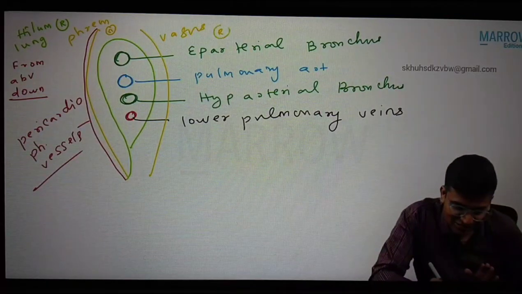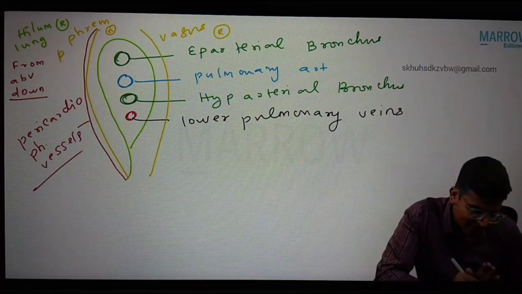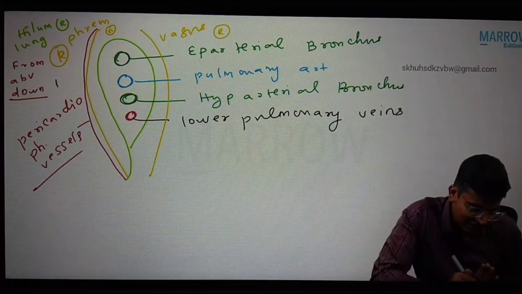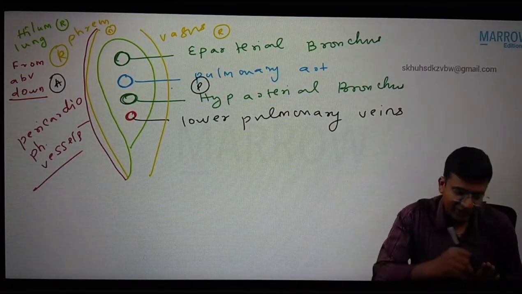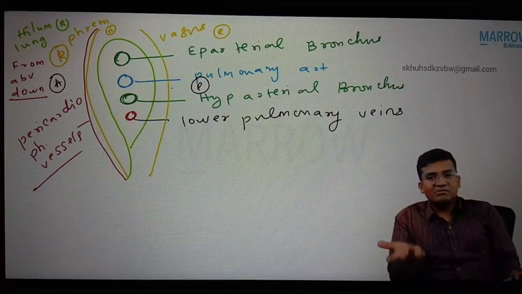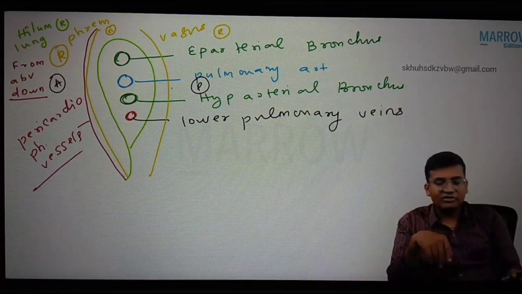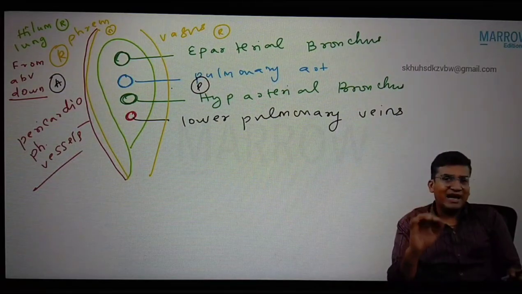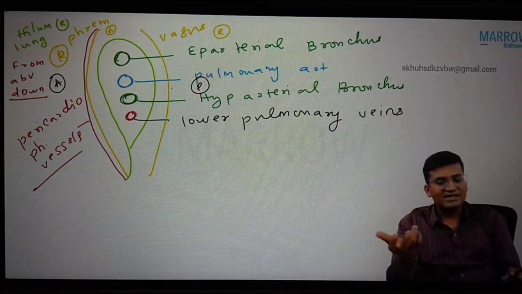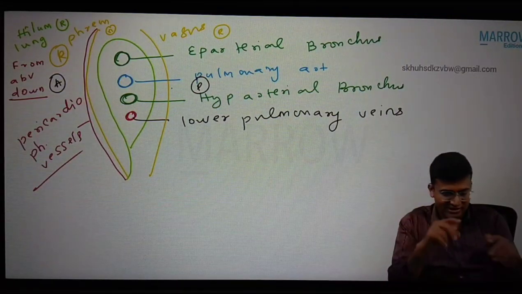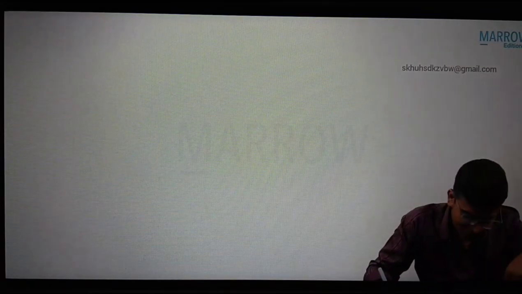So this right side, right vagus nerve, and this is the right phrenic nerve. Now this is anterior and this is posterior. So in front of the hilum of the right lung, we have the right phrenic nerve and right pericardiophrenic vessels. Now behind the hilum of the right lung, the right vagus nerve. Clear?